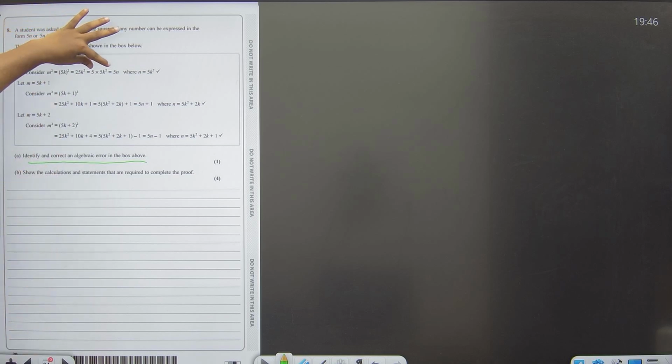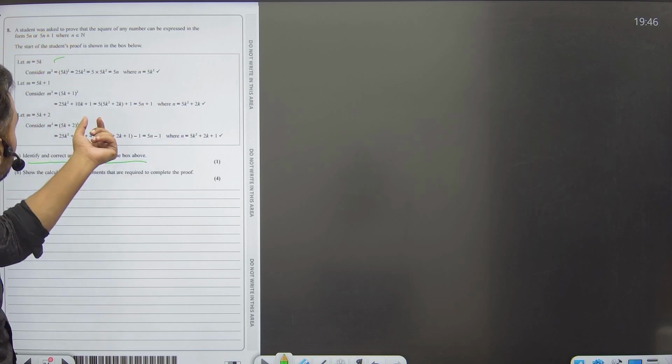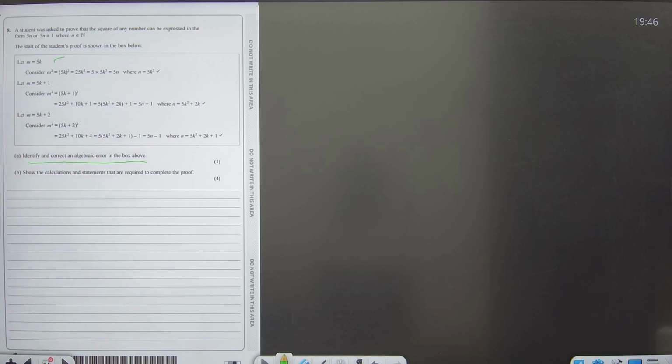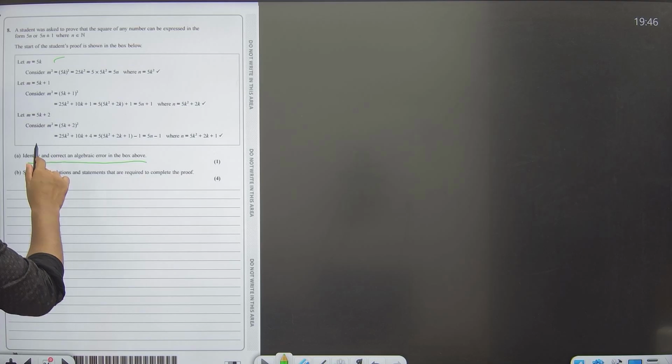He has written this value, it is correct. M equals 5k plus 1, so it is m square. He has applied the formula of (a plus b) square, which is also correct. The third part is (5k plus 2). While opening this bracket, the student made the mistake.